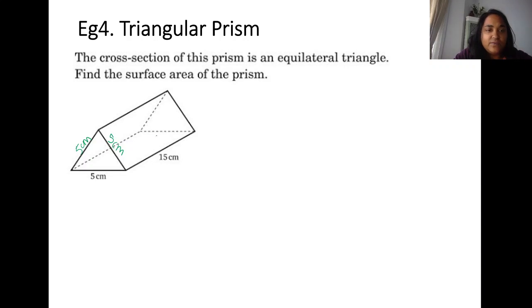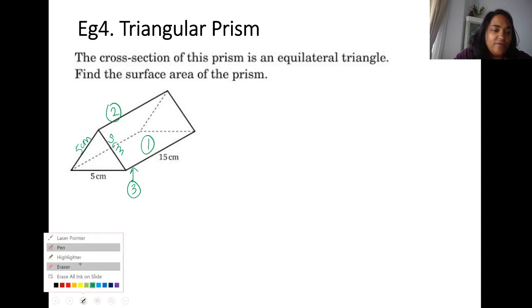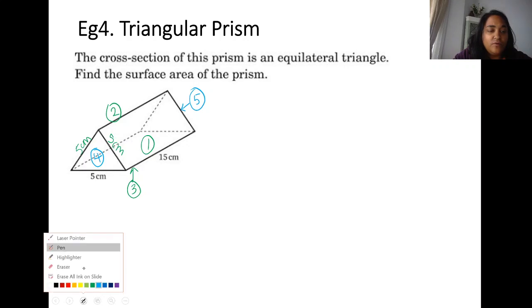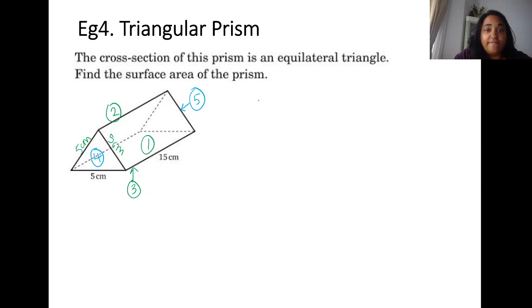So our faces, we could have this side here that we can see, this side here that we can't quite see, and the bottom. That's our third face. And then we've got these triangles on the end. That's going to be my fourth face, and that one on the other end is exactly the same as 4. We're going to have our fifth face. So we can work out 1, 2 and 3 fairly easily.